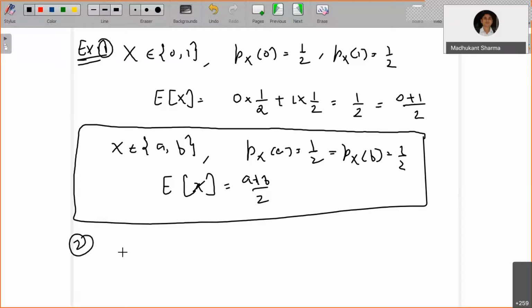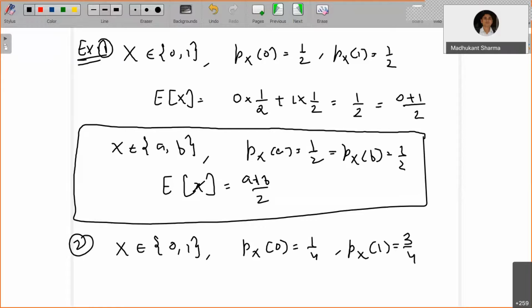So let's take the next example. Let's say X belongs to the same set, 0 and 1, and let the probability of 0 be 1/4 and the probability of 1 be 3/4. So they are not equally likely now. What will be the weighted average? 0 into 1/4, 0 with its probability, plus 1 into its probability 3/4.